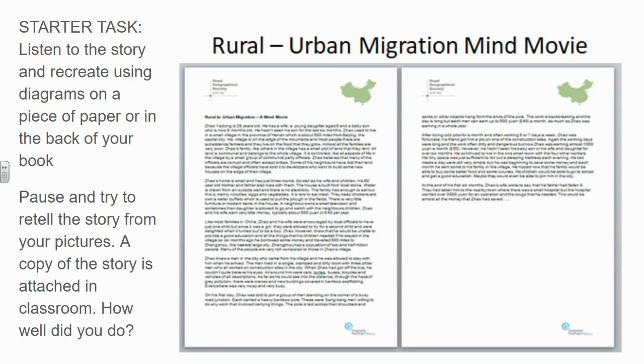So this is a story of rural to urban migration. Zhao Yudong is 28 years old. He has a wife, a daughter aged 5, and a baby son aged 9 months. Zhao used to live in a small village in the province of Henan, 500 miles from Beijing.